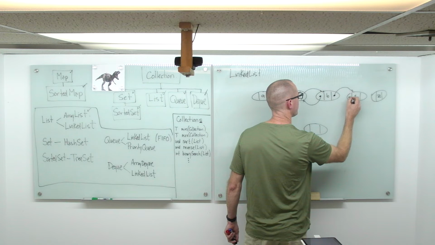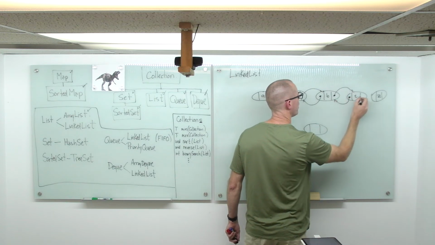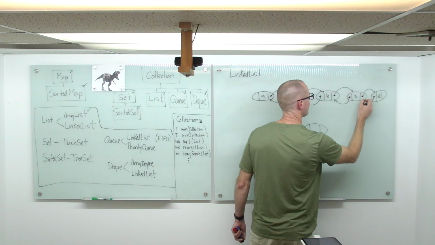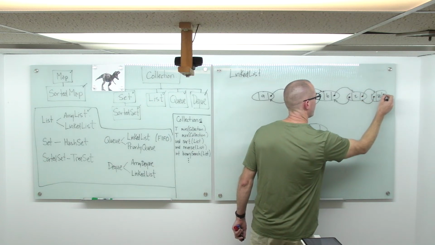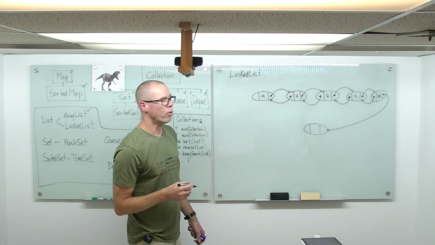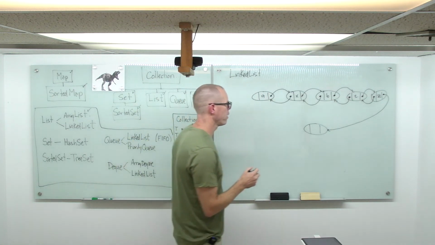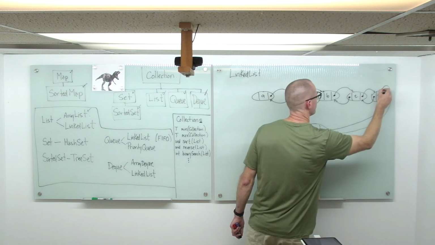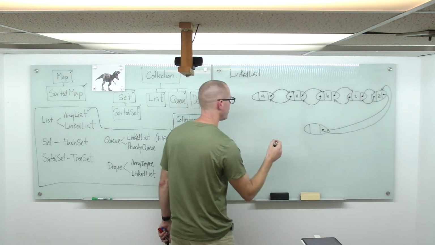And if you don't like that I'm using the word pointer, if you really are a Java fanatic, you can think of the word reference instead. But pointers and references are really the same thing.